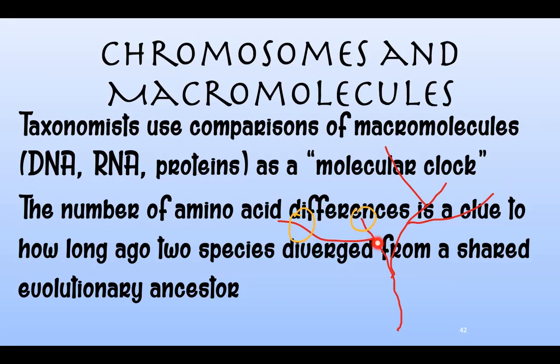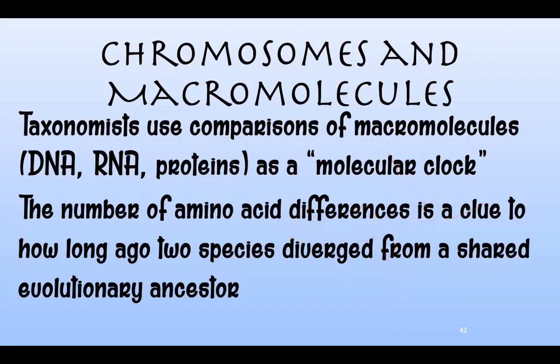So at some point in the past, you had a common ancestor of both humans and apes. So humans did not exist, apes did not exist. You had this common ancestor, and this common ancestor split off and formed two different lines of descendants. One of those lines of descendants would eventually become humans, and the other line of descendants would become apes. And that's why there are still apes in existence today, because we didn't come from apes.